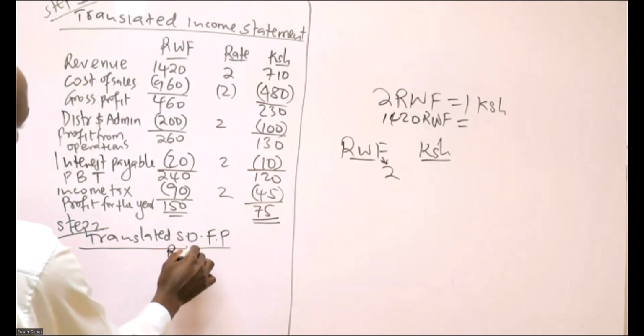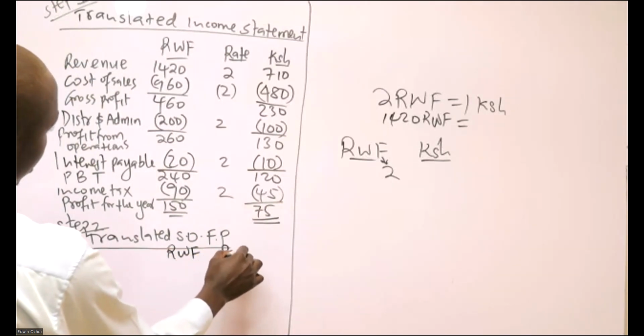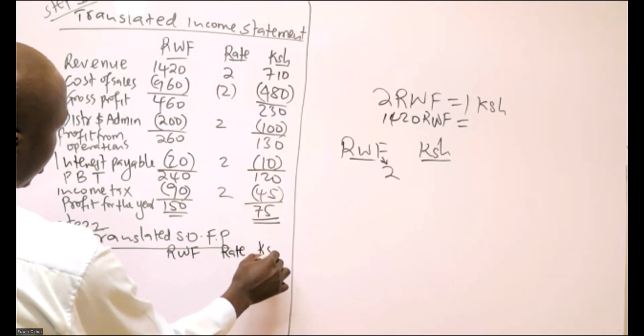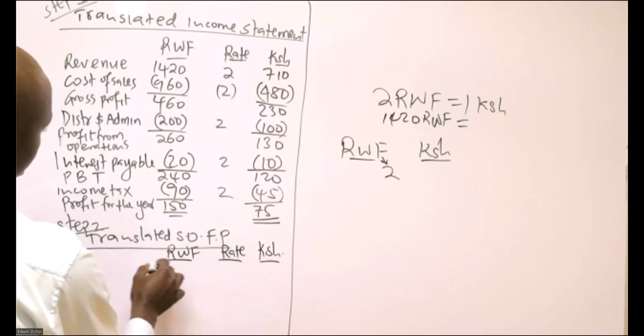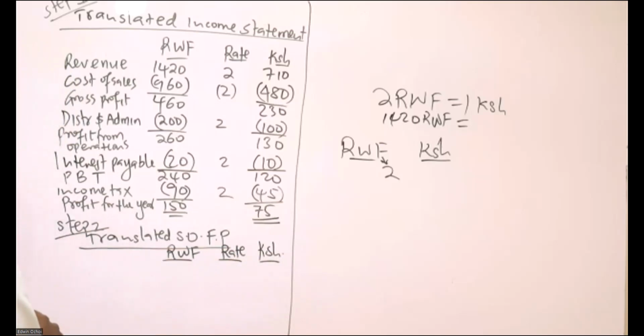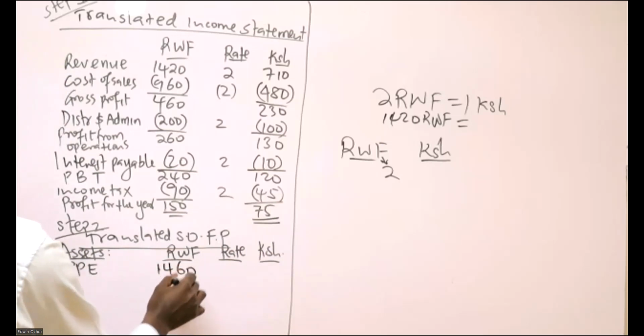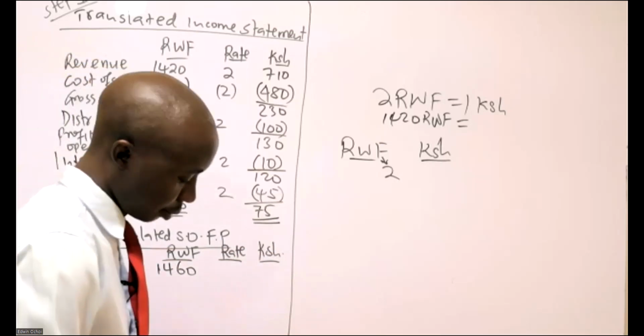So Rwandanese francs, then the rates, we have Kenyan shillings. We start from assets, as I can see from that statement. We have property, plant and equipment. It's 1460. When translating assets, use the closing rate.